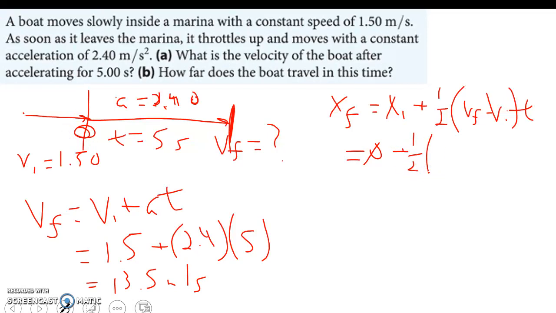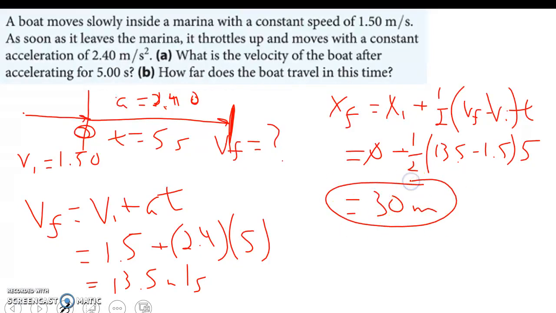So 1/2, our final velocity is 13.5 plus our initial velocity of 1.5 multiplied by our time of 5 seconds. And when we do all this math, we get 0.5 multiplied by 13.5 plus 1.5 times 5, and our distance is 37.5 meters. So we have traveled that distance during that 5-second time frame.